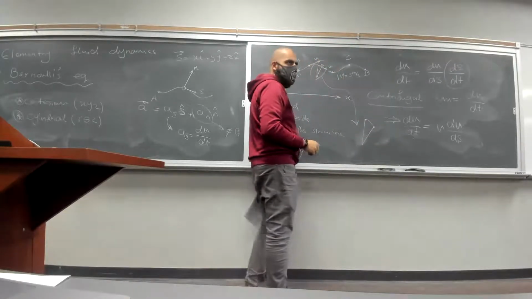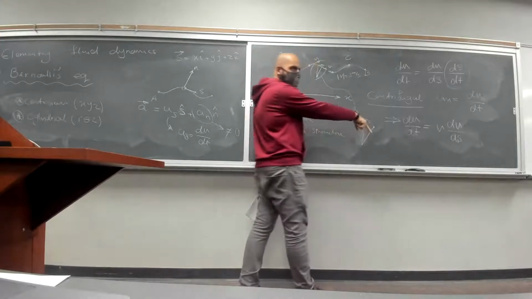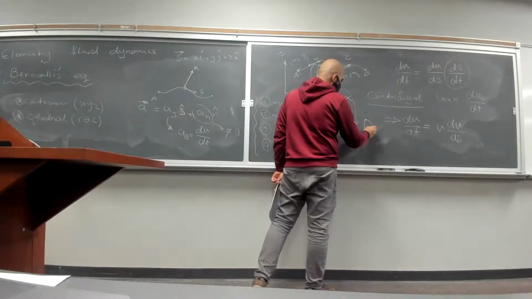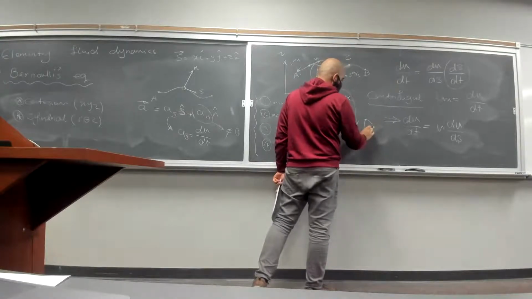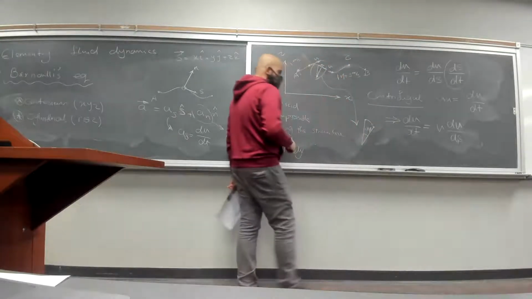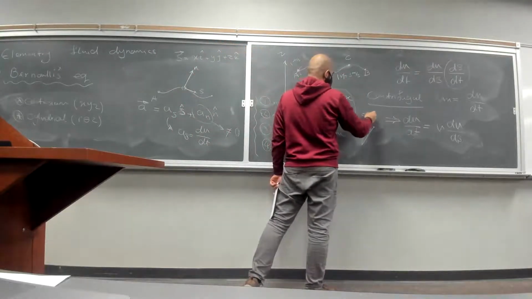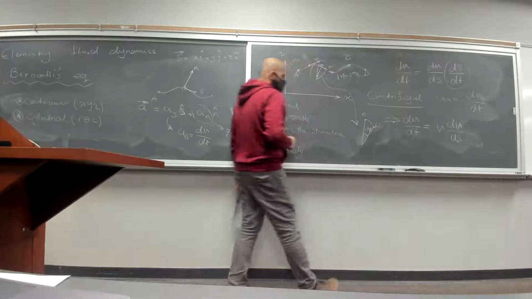They have a curvature, which means that they are part of a circle, right? The angle of that circle has moved, let's call it d phi, from point E to point F, right?